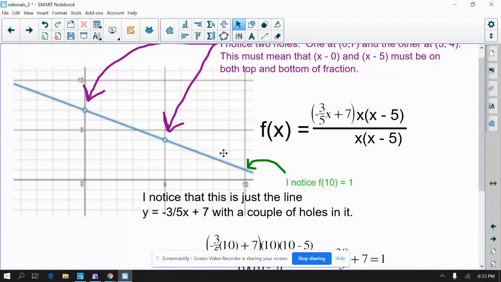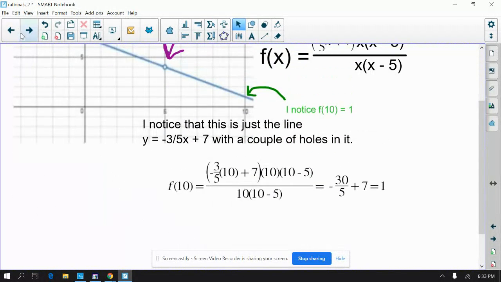Which is what this line is. But y equals -3/5 x plus 7 with these other things attached to it is this line, but with these 2 holes. That one was a little bit unusual.